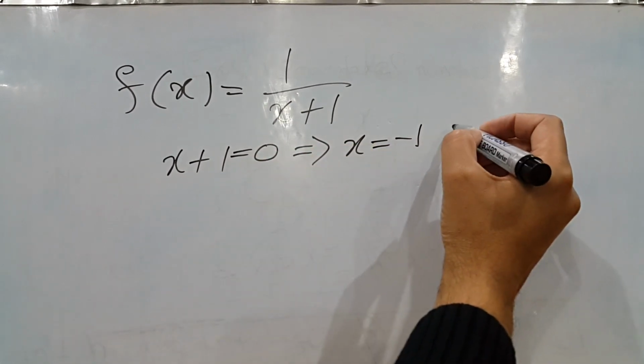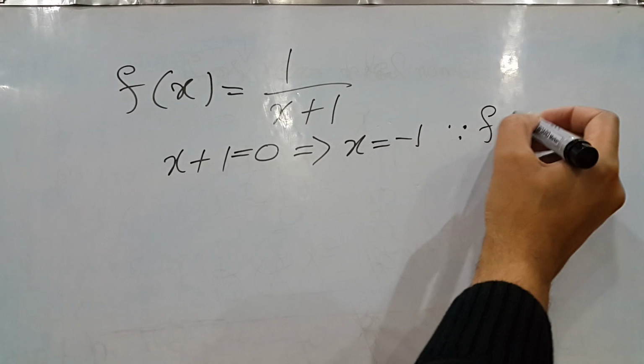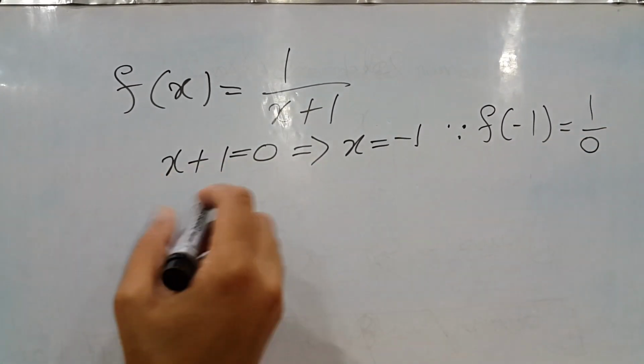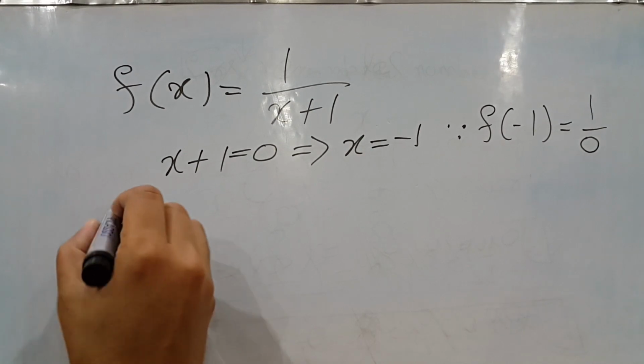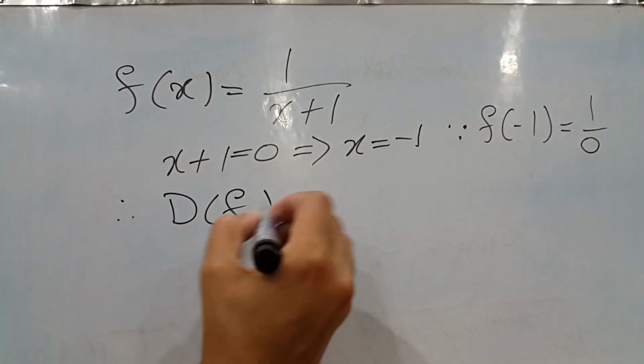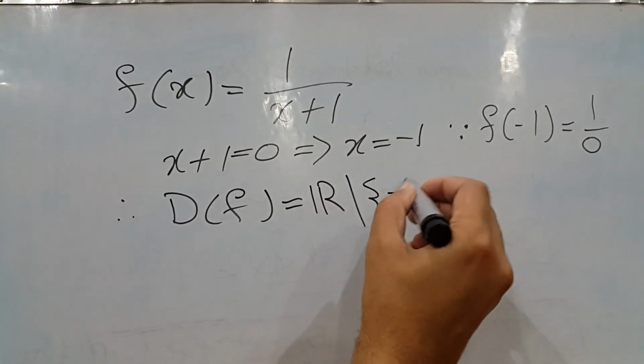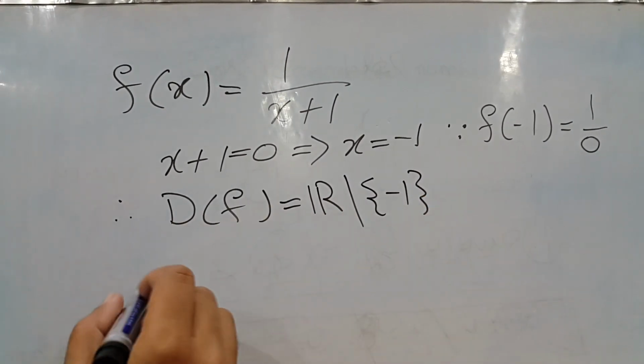And if we put minus 1 in the function, we get 1 over 0. So we exclude minus 1 from the domain of this function. So the domain of this function is the set of all real numbers except minus 1.